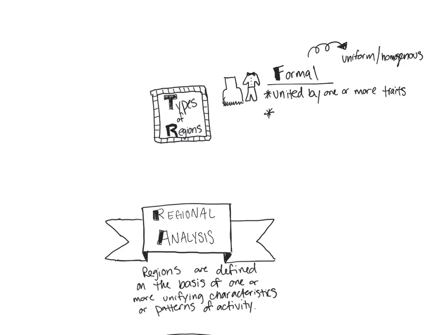Okay, let's write down some examples. There are three different types of examples that you could have here. First one is physical. If you're united by the same physical traits, that would be like the Sahara Desert in North Africa.